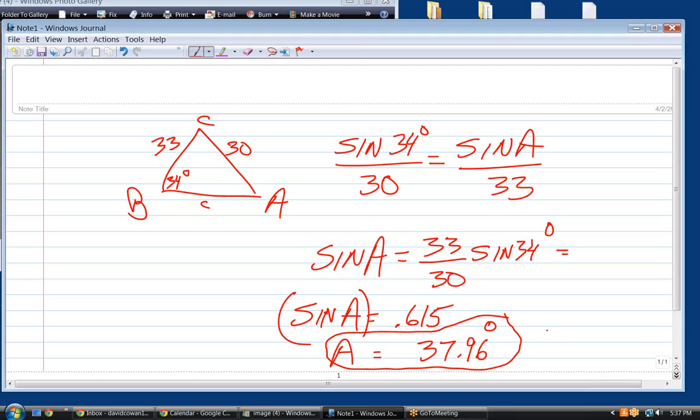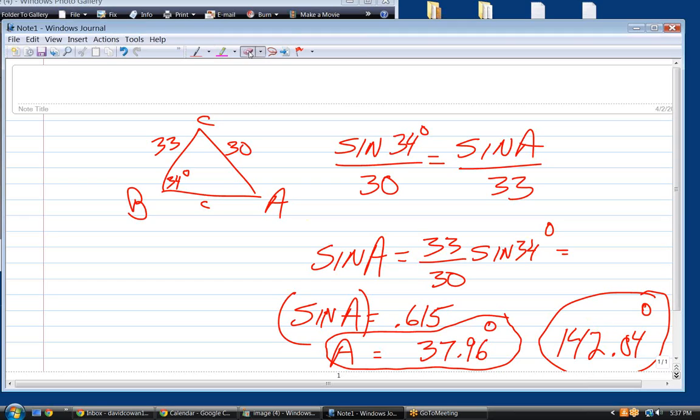So 180 minus 37.96 is 142.04. Now, we have to determine if that is a possible solution. The only other angle we know is this 34-degree angle. So could A actually be 142.04? The answer is yes. So it can be either that or that.